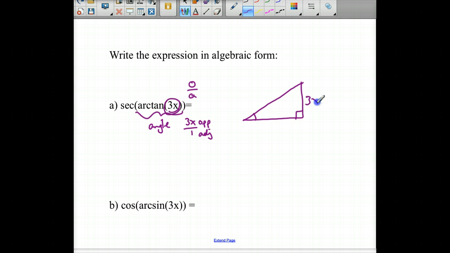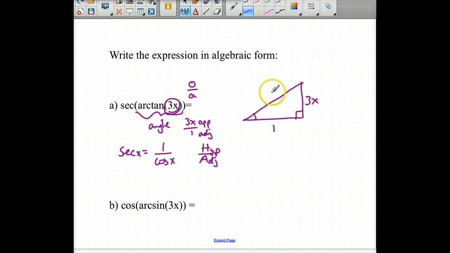So opposite over adjacent. We want secant of that angle. Well, secant is 1 over cosine. Cosine is adjacent over hypotenuse. So 1 over cosine is hypotenuse over adjacent. So secant of my angle will be hypotenuse over adjacent.